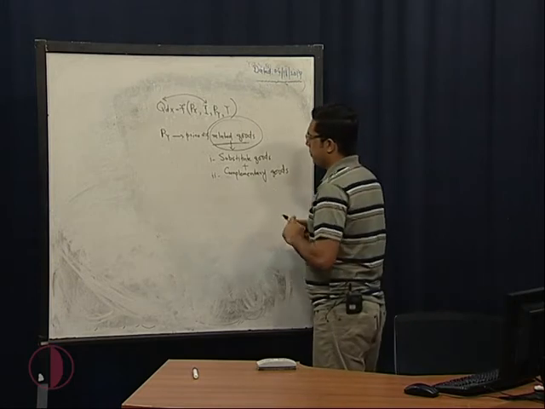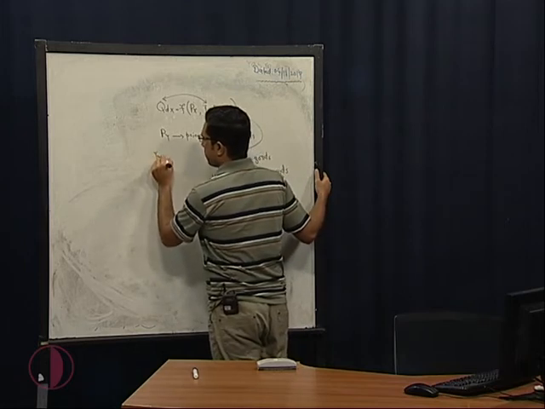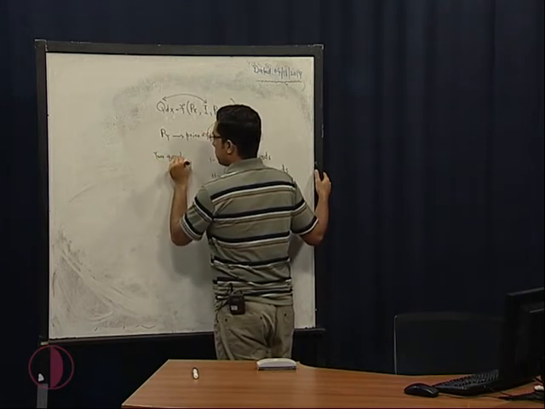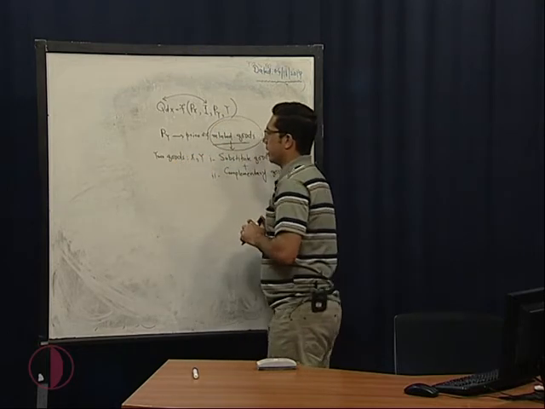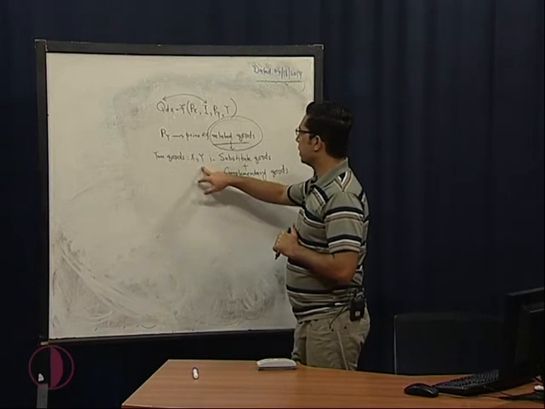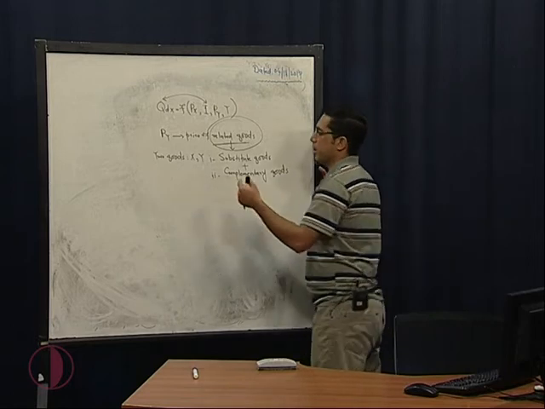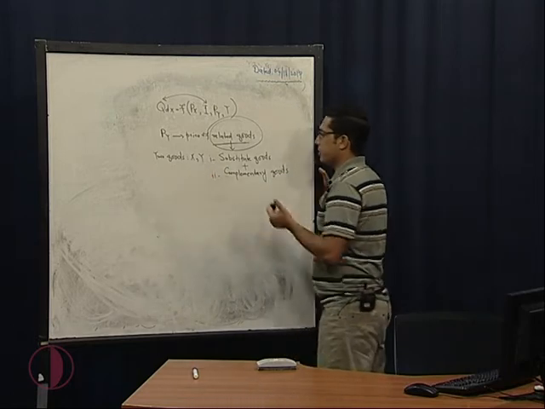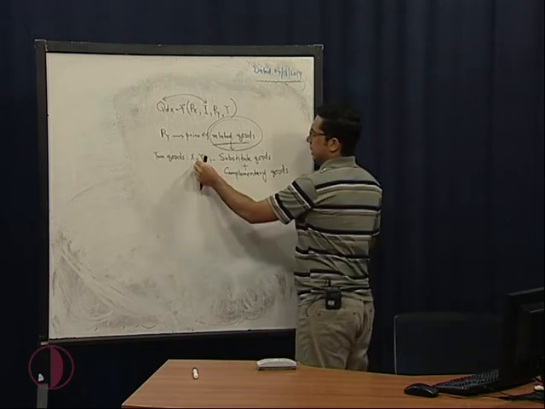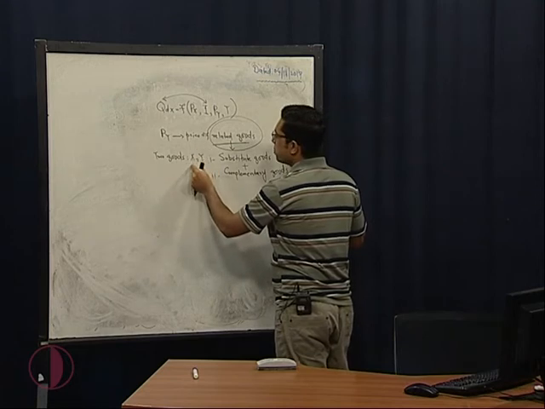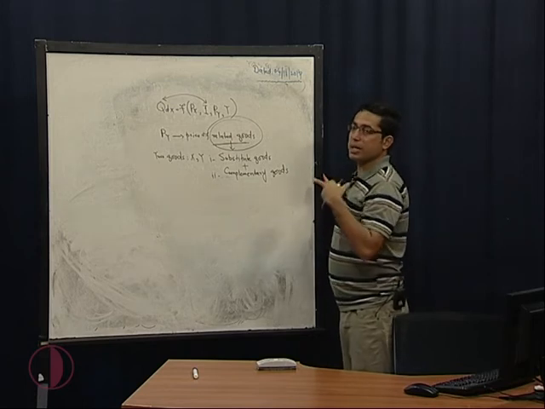For example, we have two goods. One is X, one is Y. So if X and Y are substitute goods, or if X and Y are complementary goods, then the relationship between the two goods and the quantity demanded for commodity X will be different.